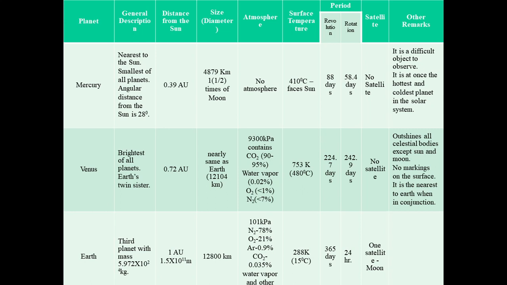The diameter is 12,800 kilometers, and the atmospheric pressure is 1.01 × 10^5 pascals, that is denoted like this, 101 kilopascals. Now if you consider the atmosphere, 78% is nitrogen, 21% is oxygen, and 0.9% is argon.